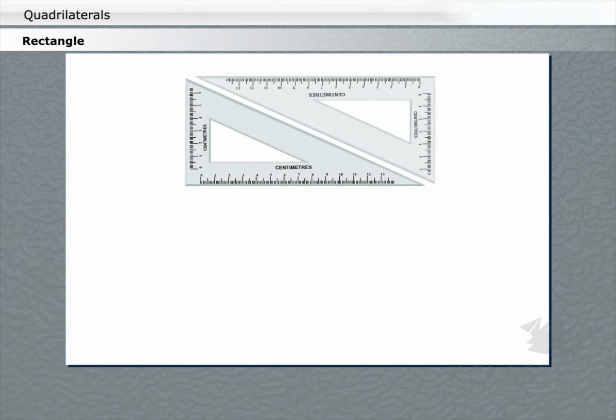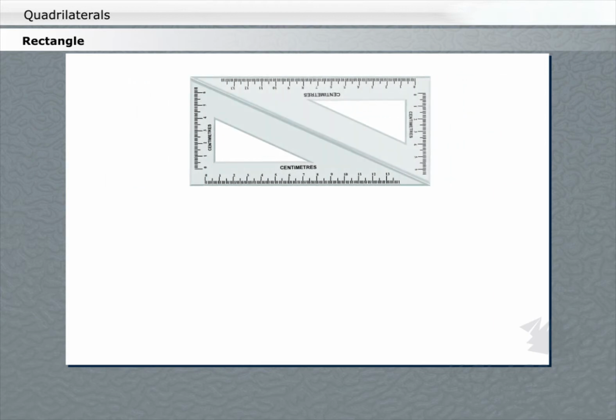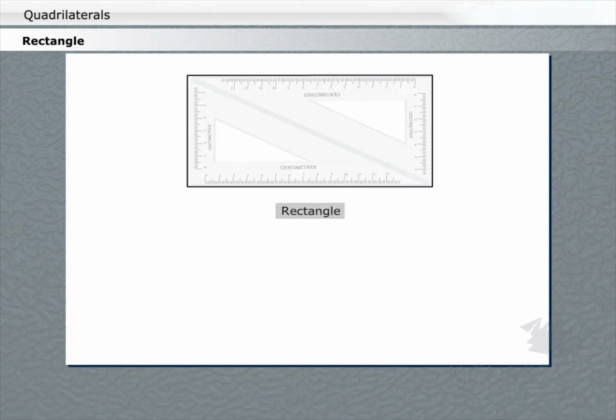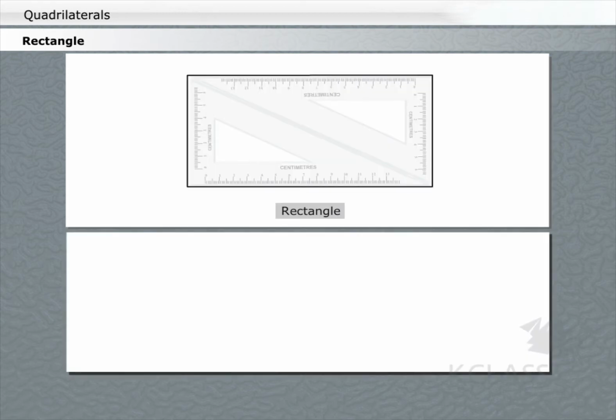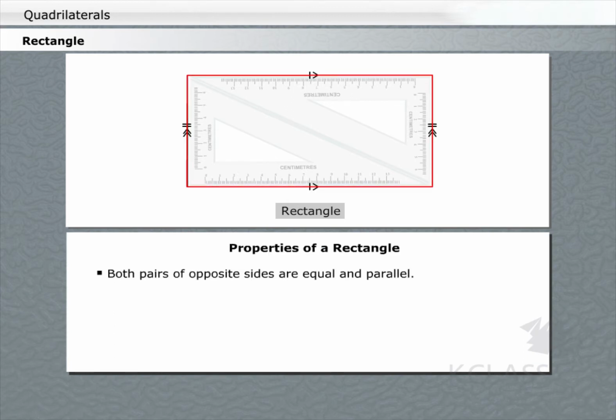Observe the figure that is formed with these set squares. The pair of 30, 60, 90 set squares, as shown on the screen, have formed a rectangle. Observe its sides. Both pairs of opposite sides are equal and parallel. Observe the angles.